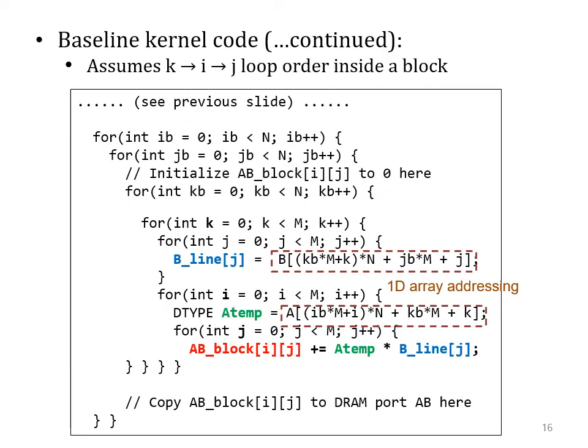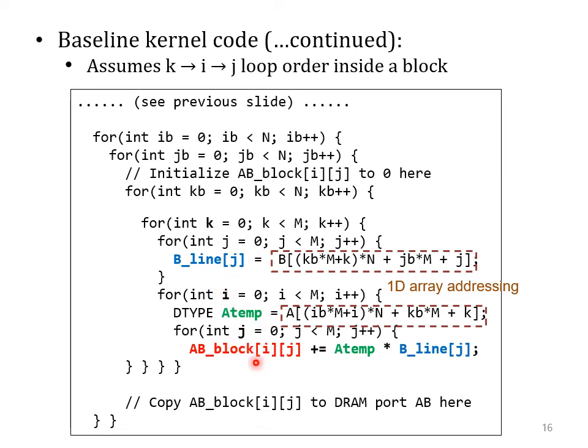Then we need the block loops, these three loops. I'm going to skip some of the initialization code because it's pretty obvious. And within this block, we are going to have the KIJ loops. The J loop is up here just to fetch some data for B, but the main computations are these ones, KIJ.